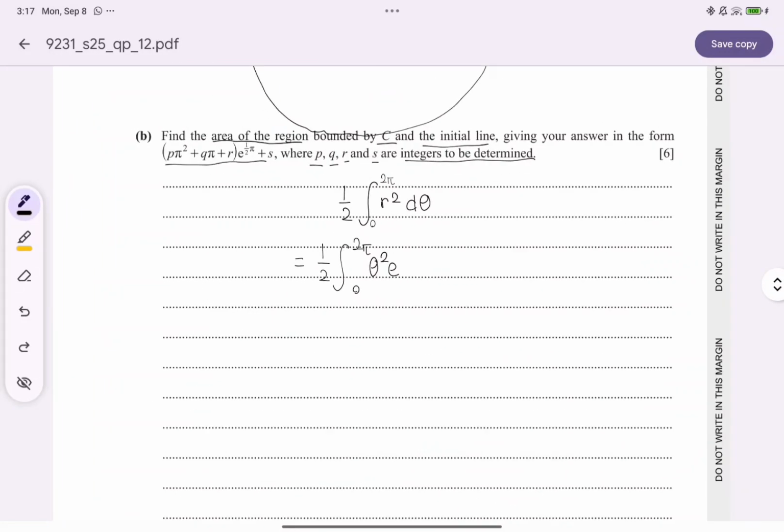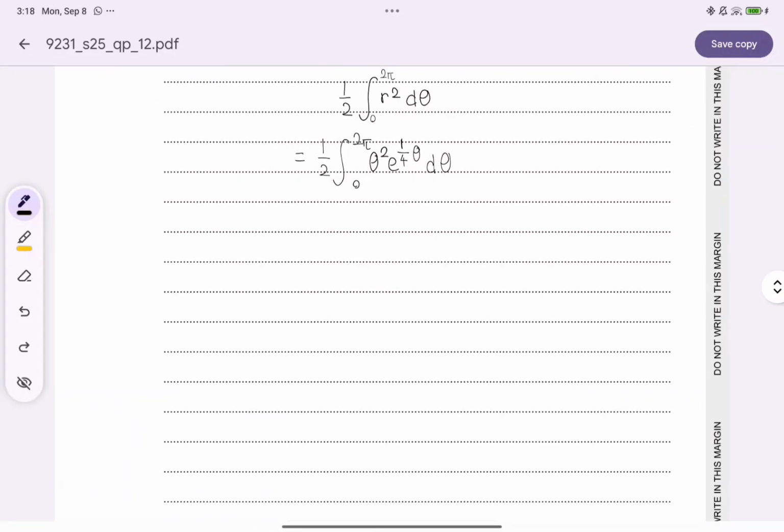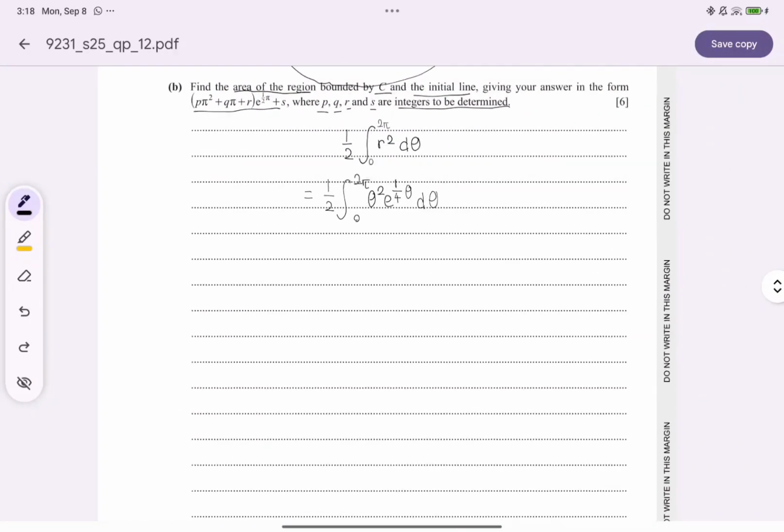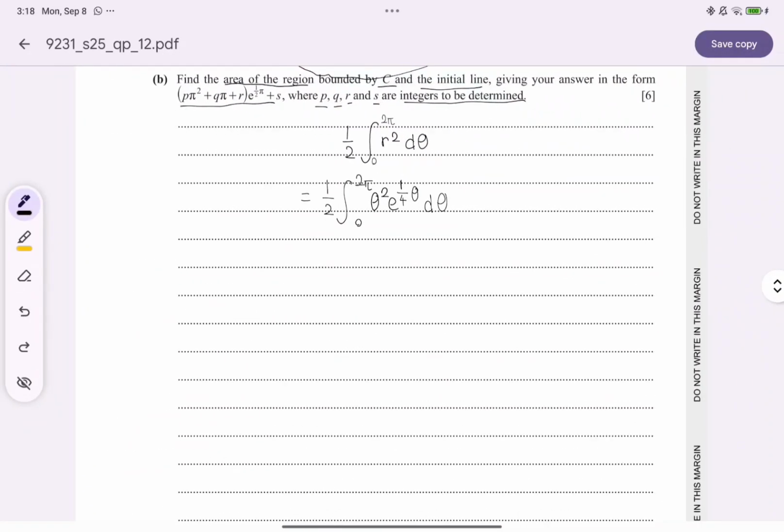You would get e to the power of 1 over 4 theta, d theta. Here, if you can see, we actually have to do integration by parts to solve this integral.